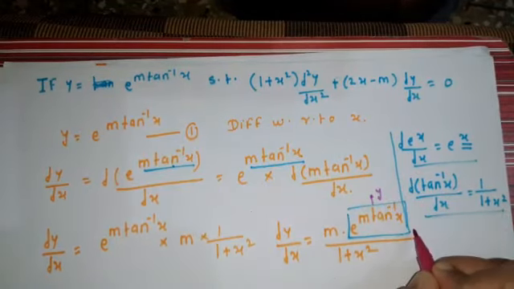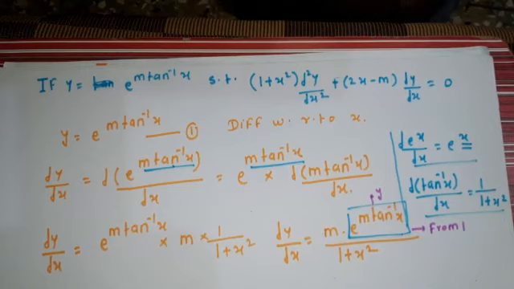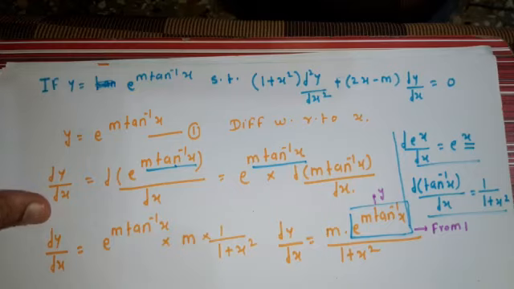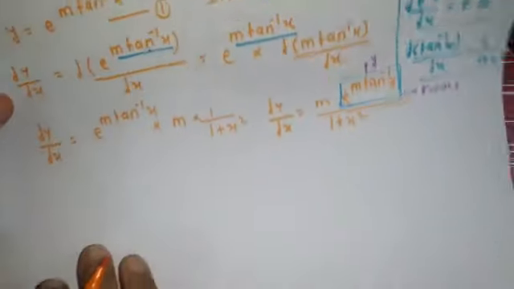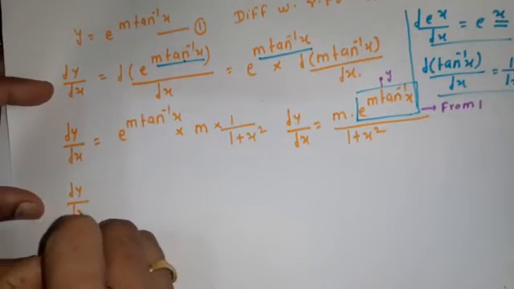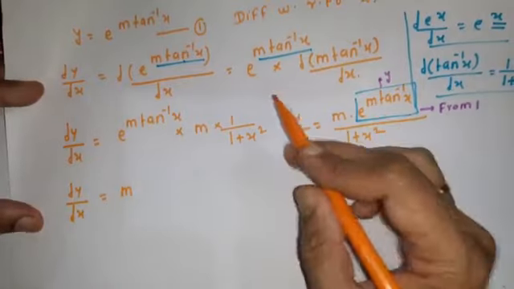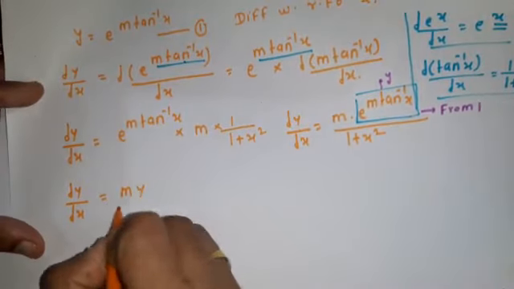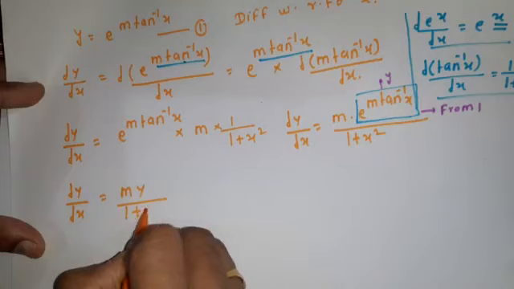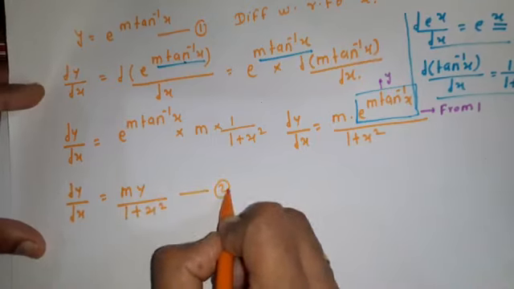Put this value, and we get dy by dx equal to m y upon 1 plus x square. Now this is 2.